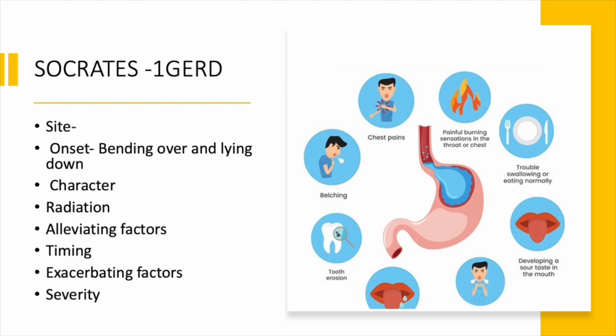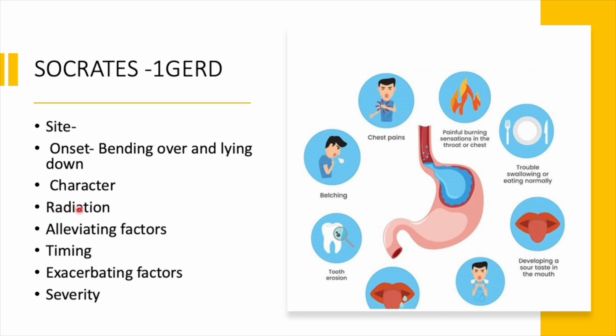The major symptoms we have mentioned, 1 or 2 symptoms we will discuss in a little more detail. For example, gastroesophageal reflux disease, very common. The site of pain is usually the epigastrium. The aggravating factors are bending over and lying down. So the patient may say, I have epigastric pain which aggravates on bending over or lying down. The character is usually burning, or the pain may go up to the throat with an acid sensation in the mouth or a sore sensation in the mouth.